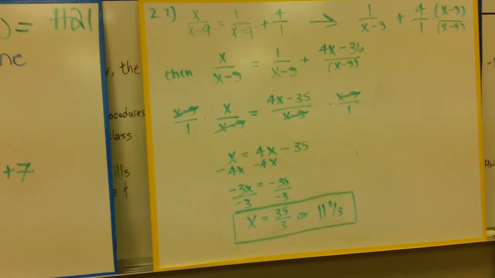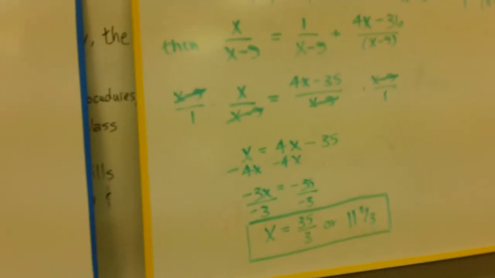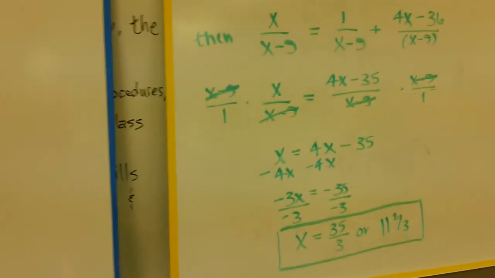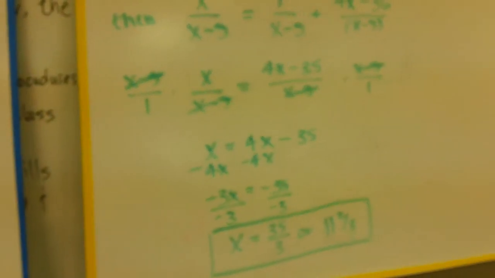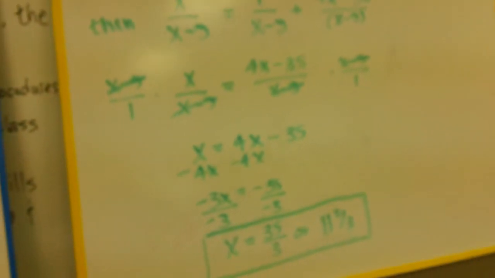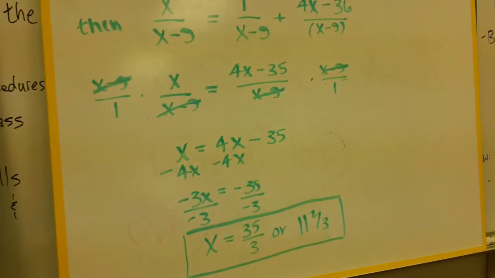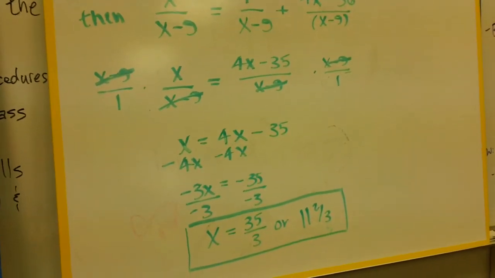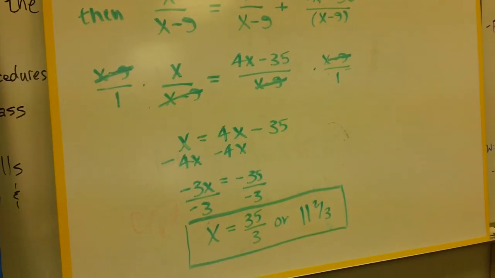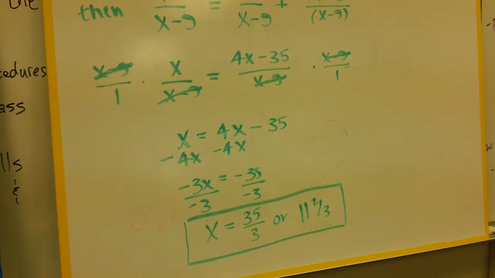And then you have to get x by itself, so you multiply x minus 9 over 1 on both sides, and then you cancel it out on the x side, and then you cross multiply on the other side and cancel them out, and then you end up with x equals 4x minus 35.